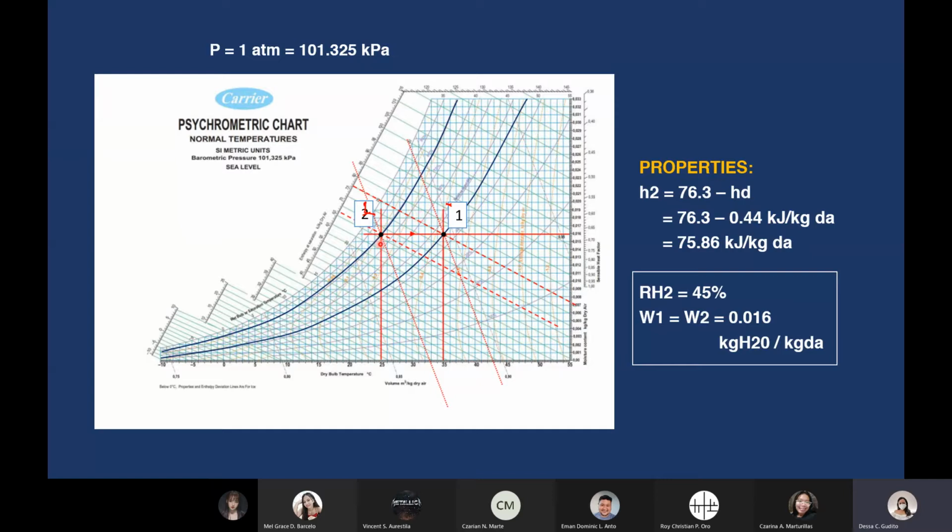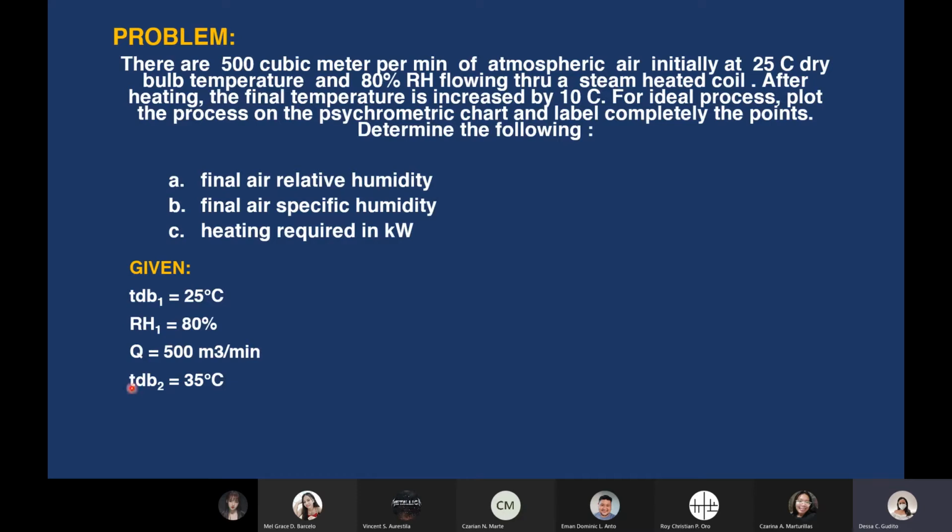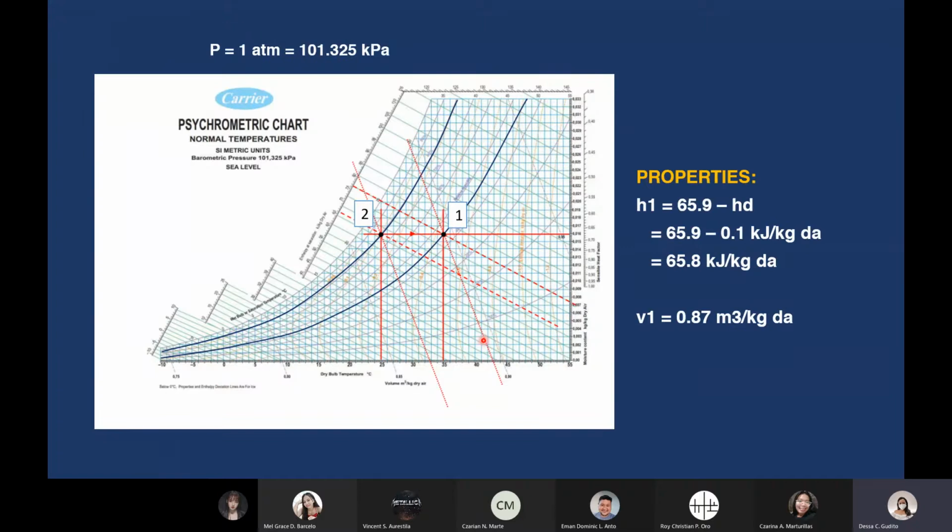So we plot a straight horizontal line, and then we intersect it with the value that we have for point 2, which is the dry bulb temperature, at 35 degrees Celsius. So we plot 35 degrees Celsius dry bulb, which is a straight line, and it intersects with the horizontal line.